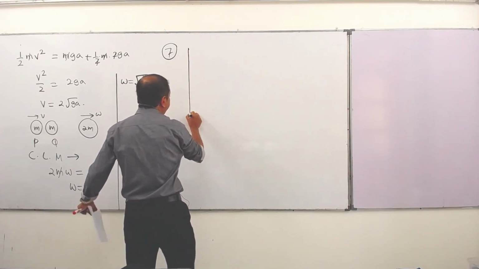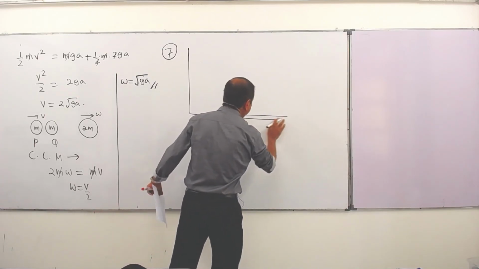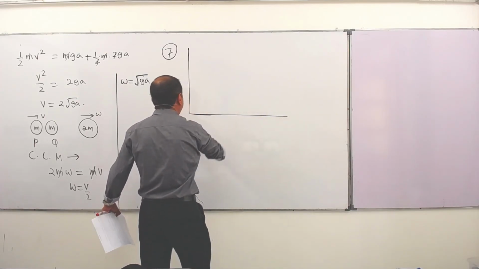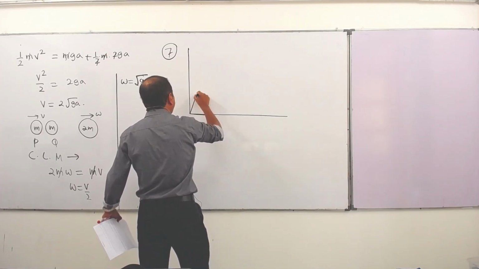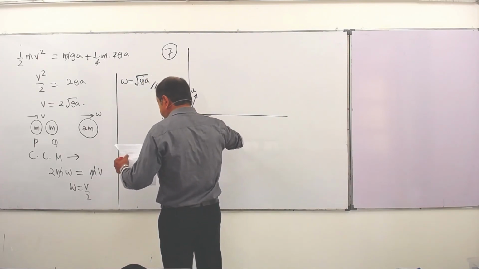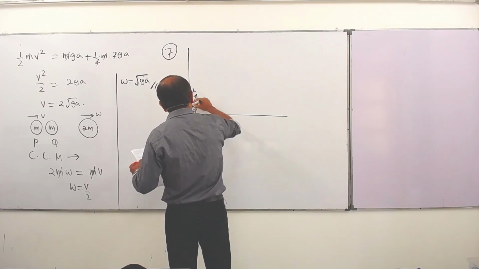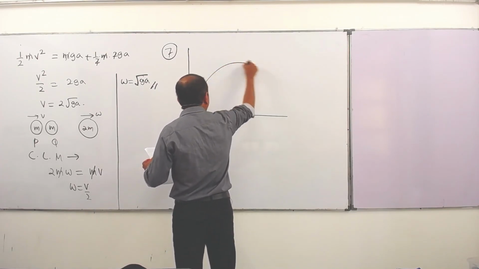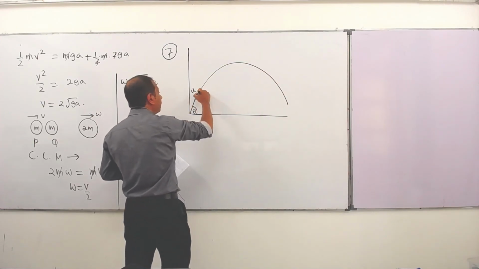This way, the particle is projected with initial velocity u at an angle theta. Right. Initial direction of projection is this.